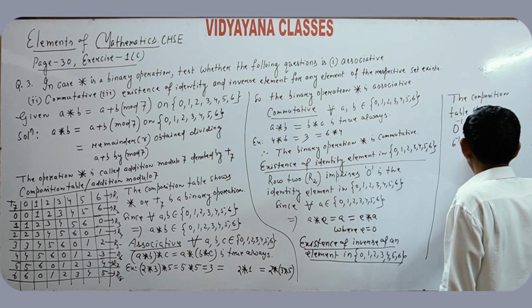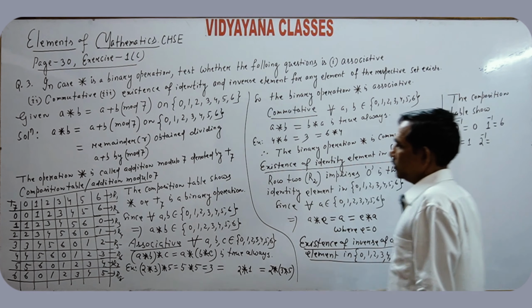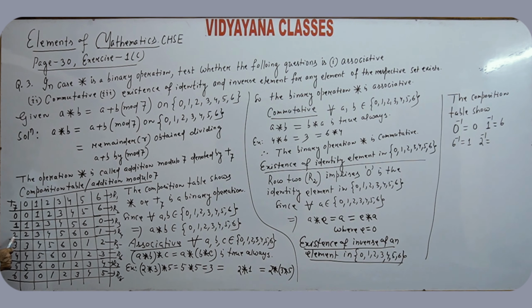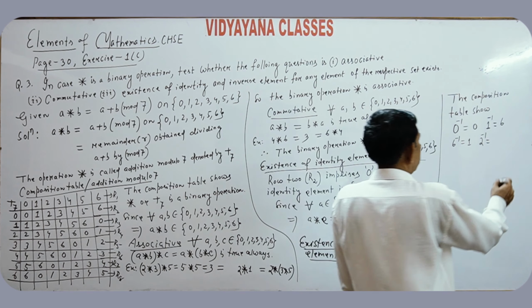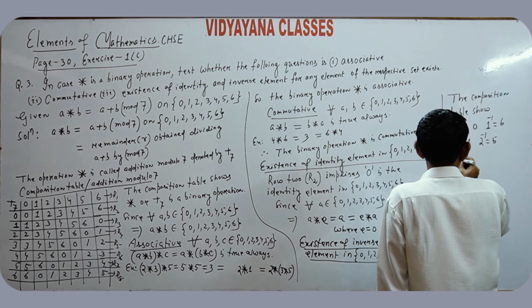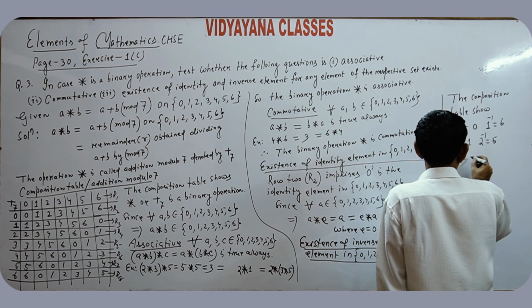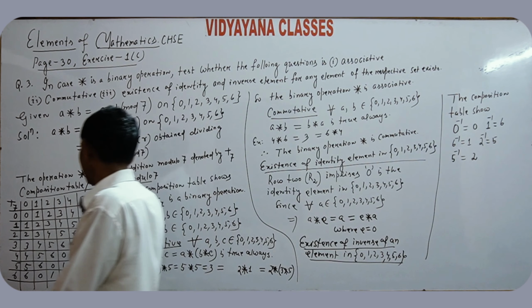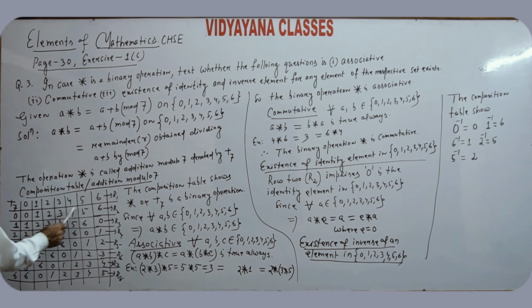Inverse of 2 is 5, and the inverse of 5 is also 2, since 2 plus 5 is equal to 7, and 7 divides 7 gives the identity element, that is 0.